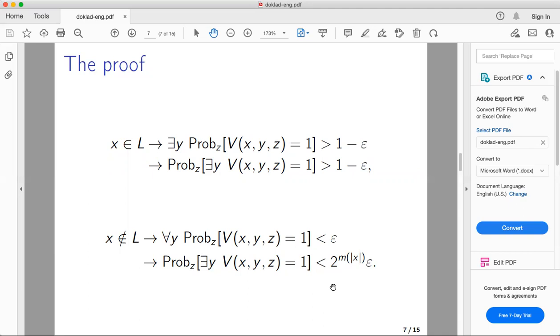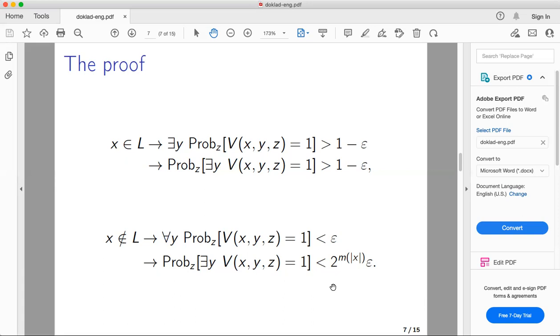Then we know that if x is in L, then there is a proof y accepted with probability 1 minus epsilon or larger. Let's take the same verifier and consider it now for an Arthur-Merlin protocol. It seems clear that the task of Merlin becomes even simpler because he can use the same proof for all z.